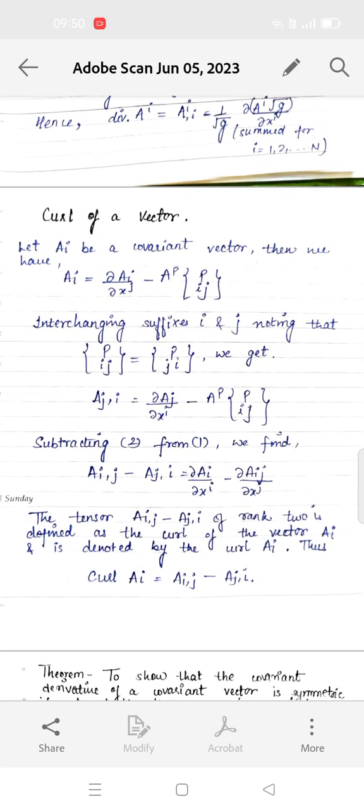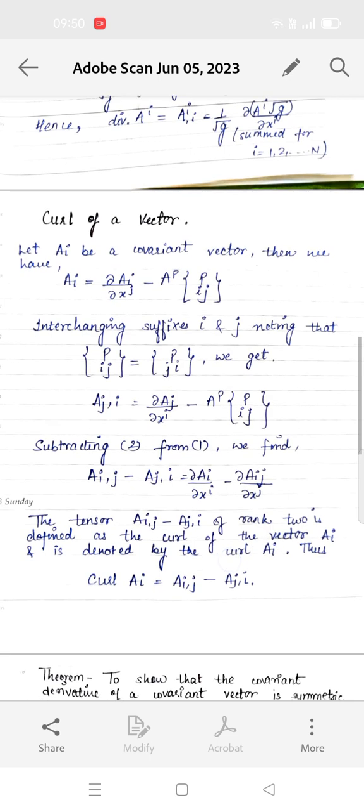Now, what is the curl of a vector? Let A_i be a covariant vector, then we have A_i,j is equal to del A_i by del x^j minus A_p in bracket {p over ij}. Now, interchanging suffixes i and j, noting that {p over ij} is equal to {p over ji}, we get A_j,i is equal to del A_j by del x^i minus A_p {p over ij}.